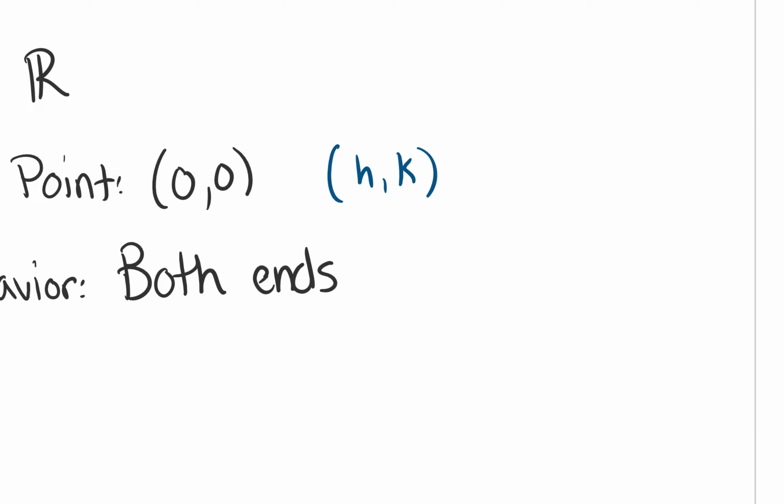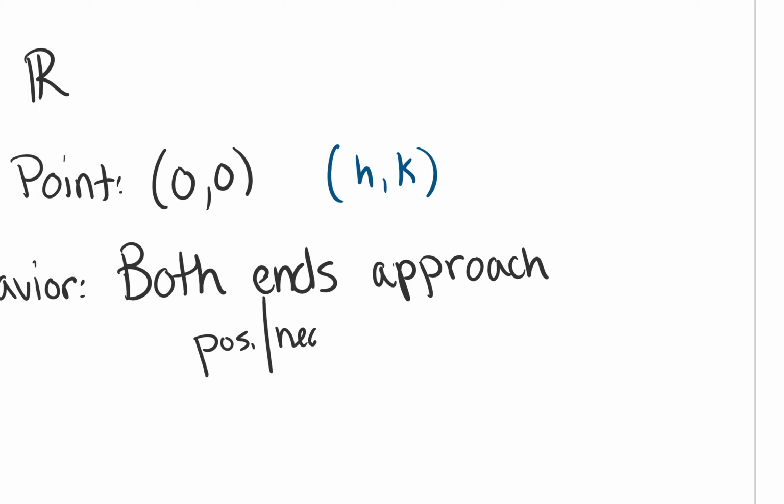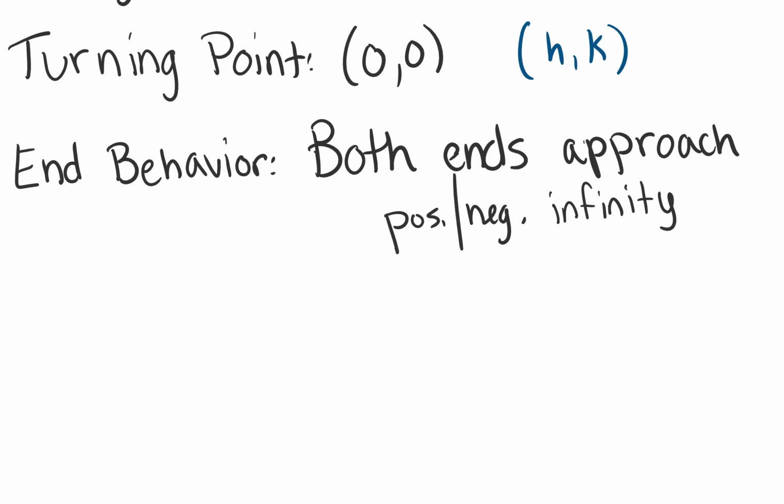So I'll just put positive/negative, because it can be one or the other. Now, they're not both the same answer, but you have a positive for one and negative for the other. Okay, so both ends approach infinity of some kind, either positive or negative. They don't ever approach a number.